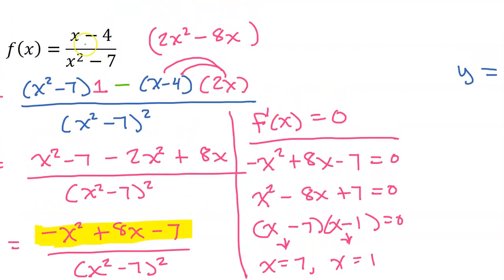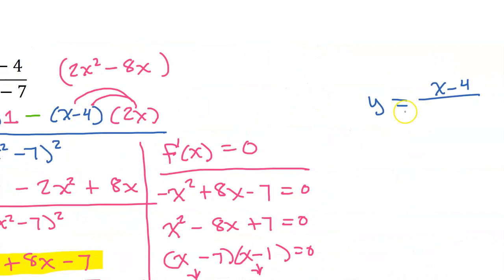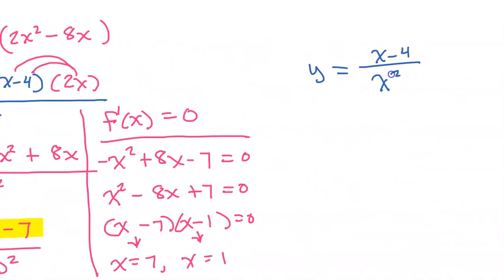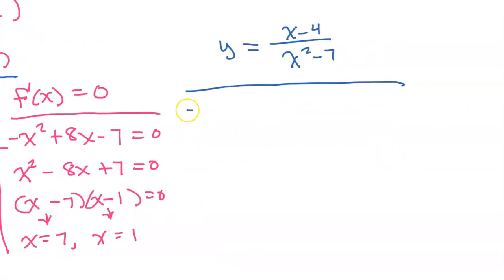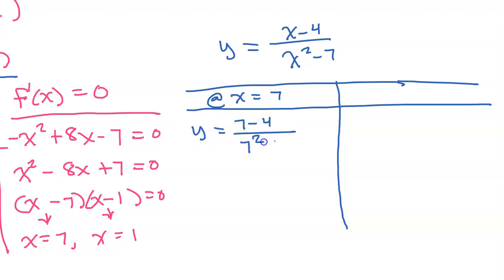Looking back at the original function, y equals x minus 4 over x squared minus 7. Okay, so we need to find the y value at each one of these x values. So at x equals 7, y equals 7 minus 4 over 7 squared minus 7.